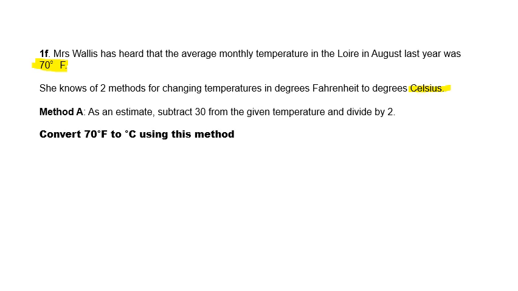So method B is obviously going to be in the next slide. Method A, as an estimate, she says subtract 30 from the given temperature and divide by 2. So that's fairly simple. The given temperature is 70, and it says subtract 30. I just change that to red. So 70, take away 30, which comes to 40.